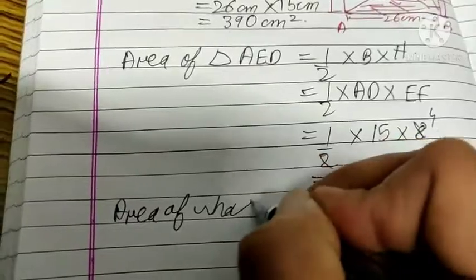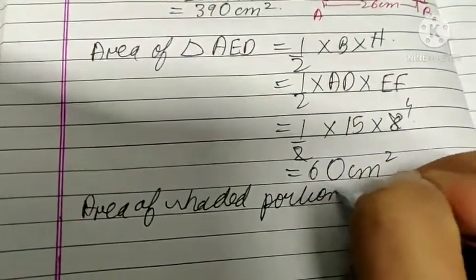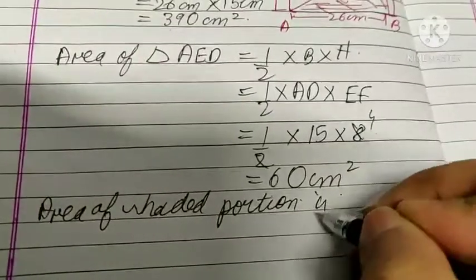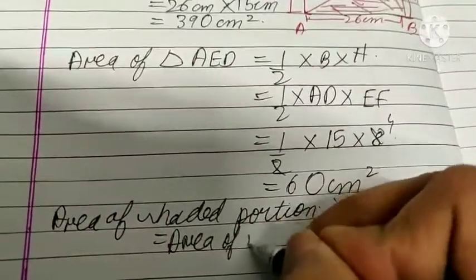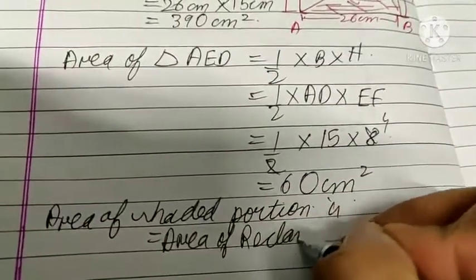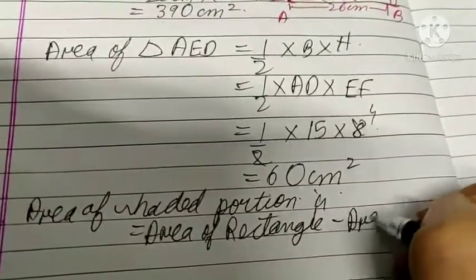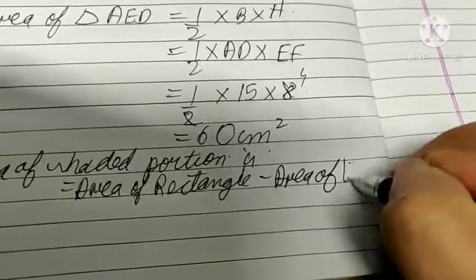Area of shaded portion is area of rectangle minus area of triangle.